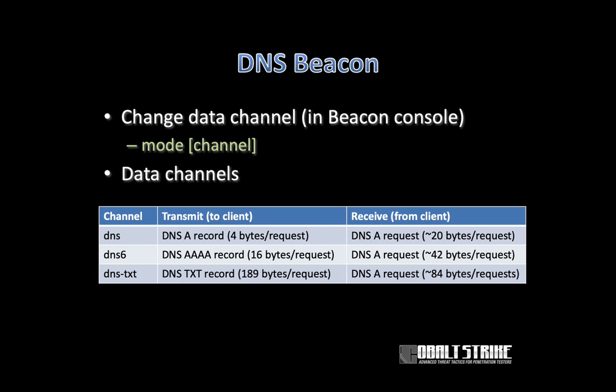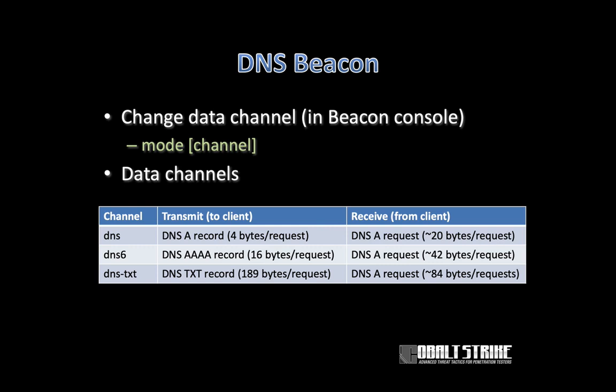One thing that's interesting, which I will speak to in the next lecture, is that the length of the host name used to send data back is also affected by each of these modes. The DNS TXT channel will use the maximum amount of hostname space that your profile allows.